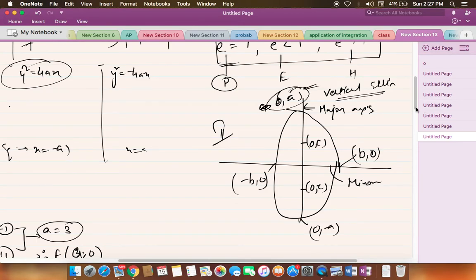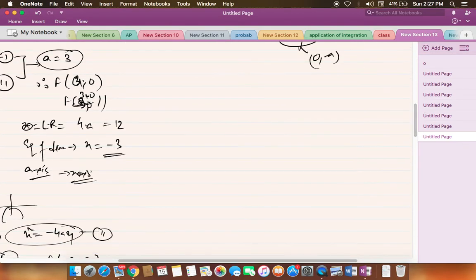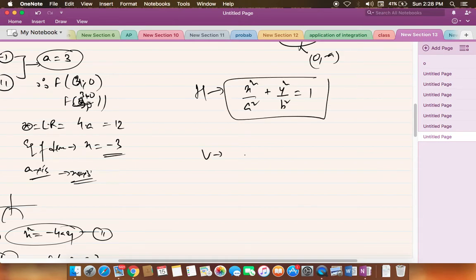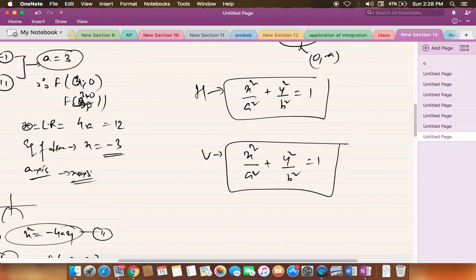Now the equation, the most important thing. The horizontal ellipse equation is x square by a square plus y square by b square equals 1. The vertical ellipse is the same, x square by a square plus y square by b square equals 1, but one condition differs. a is greater than b here, and a is also greater than b here.